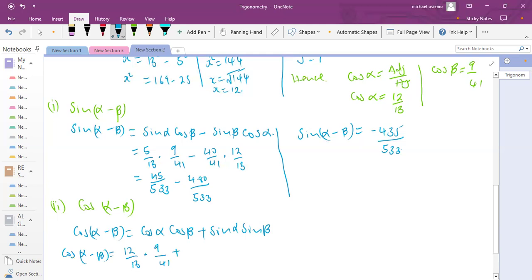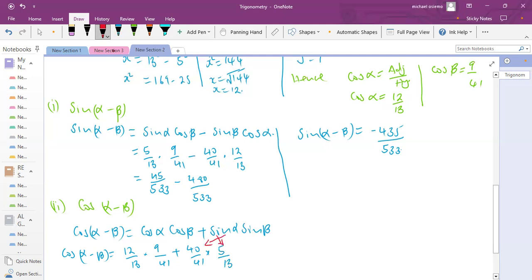Sine beta is equal to 40/41 multiplied by the other one, sine alpha, 5/13. I just interchanged there. So remember, this one is sine alpha and this one here is sine beta.